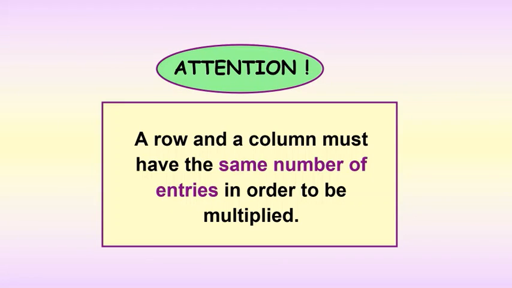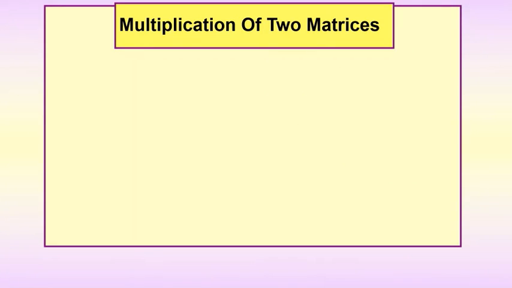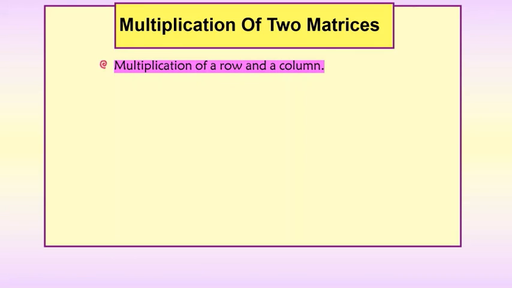Okay, this is the process. A row and a column must have the same number of entries in order to be multiplied. If not, the process will not happen. So in order to multiply two matrices, this is the way of multiplying a row and a column.